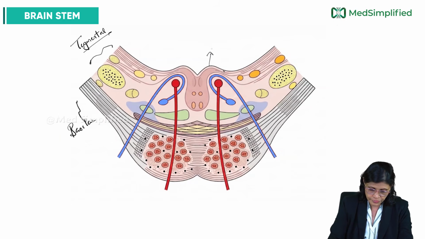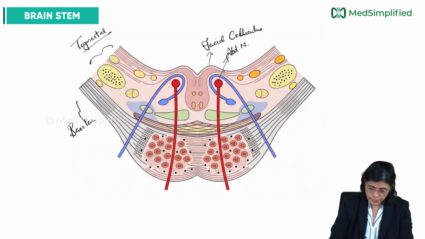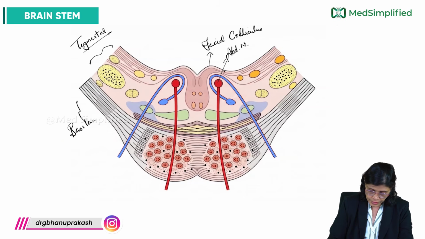This is the facial colliculus and this is the abducens nucleus. And this is the motor nucleus of the facial nerve.